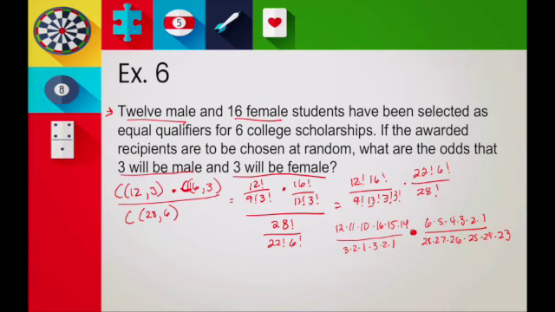And then we see what we can cancel. We can cancel a 3, 2, 1 and a 3, 2, 1 here.